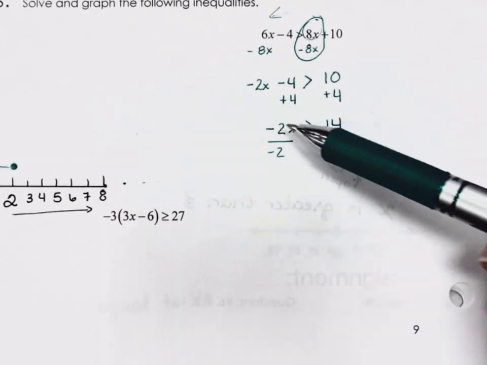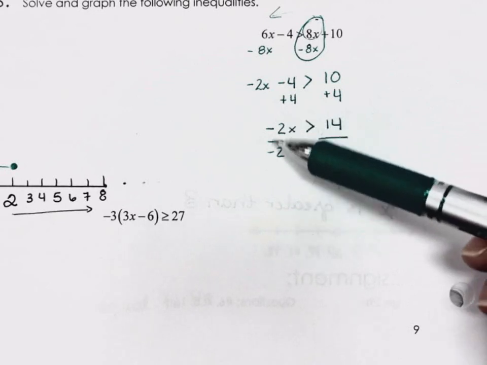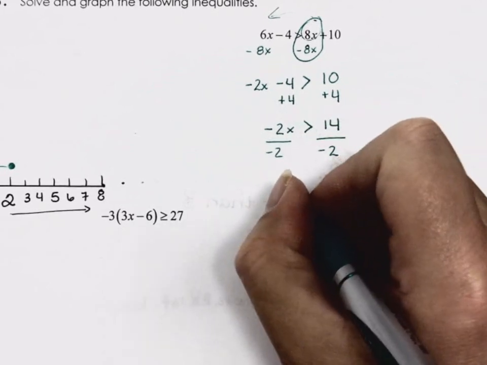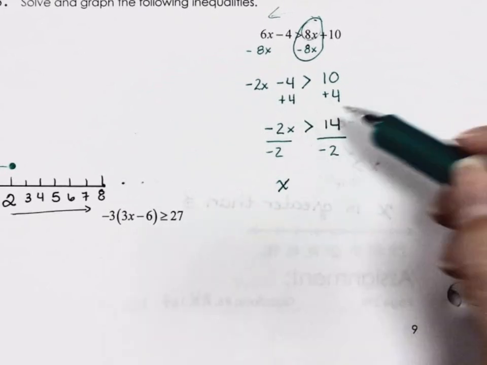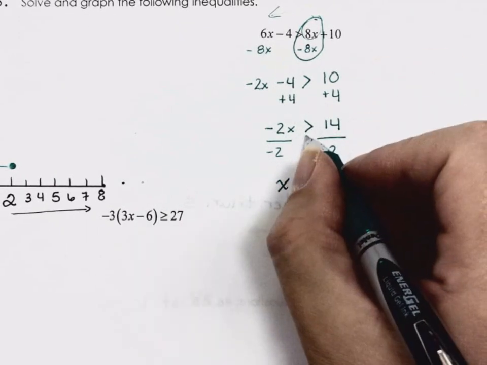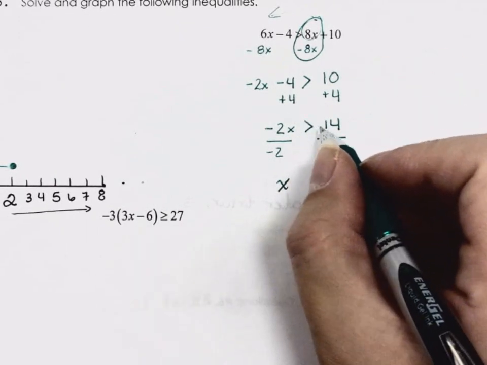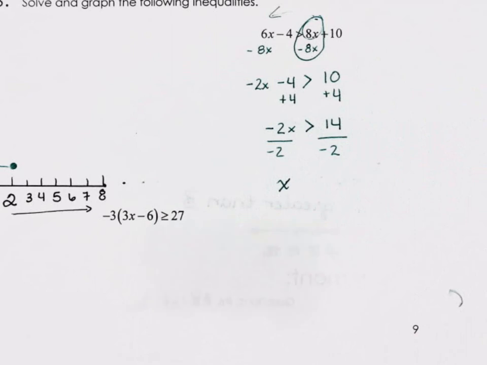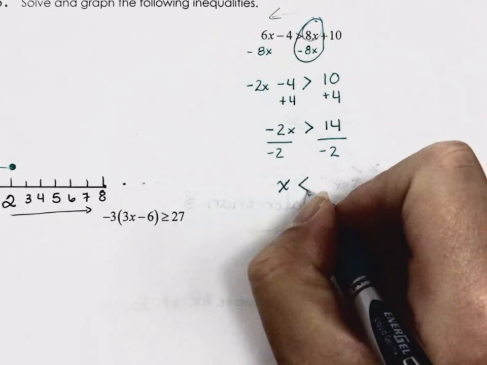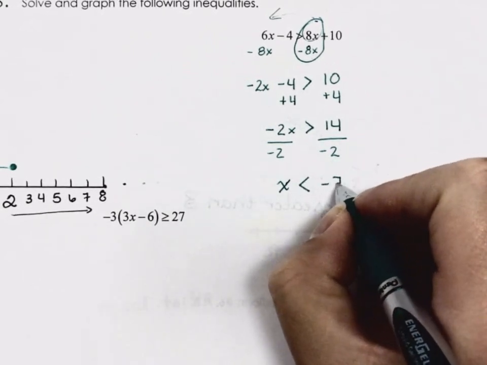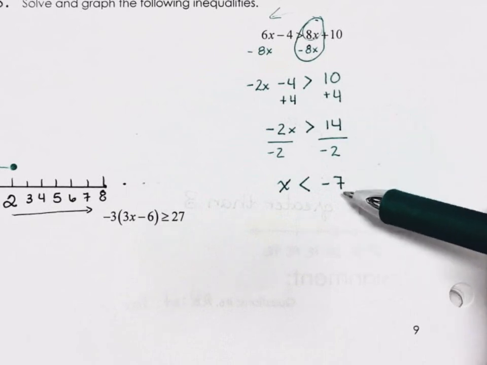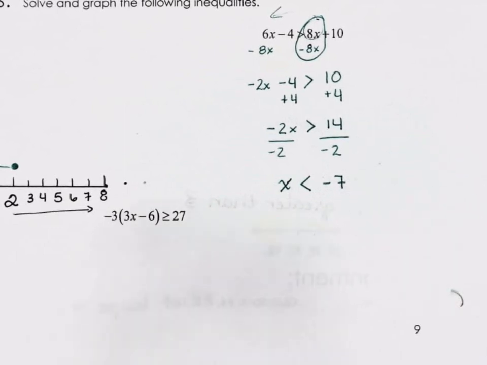Once I divide by a negative, I'm going to be left with just x on this side, and I got to switch my inequality. So if the alligator mouth was eating the x, now it's going to switch directions. And 14 divided by negative 2 is negative 7.